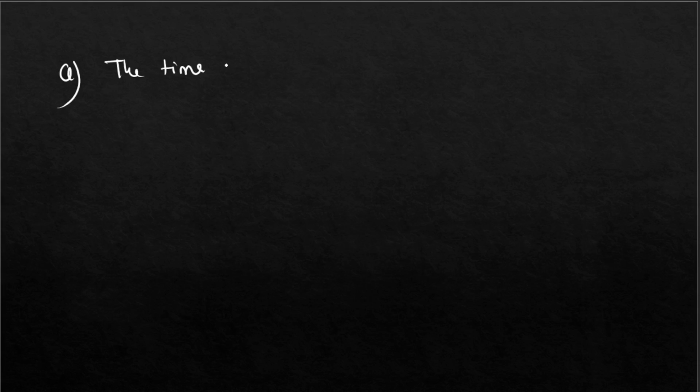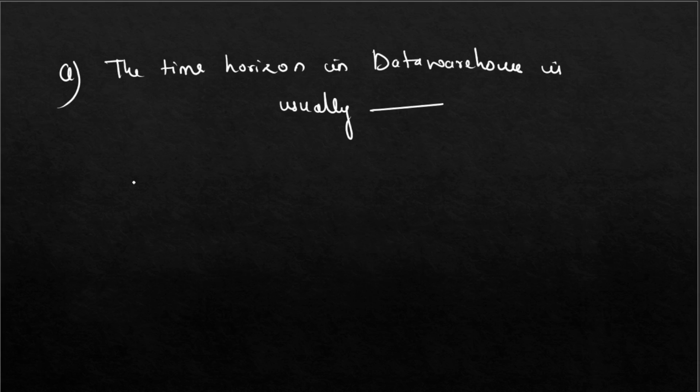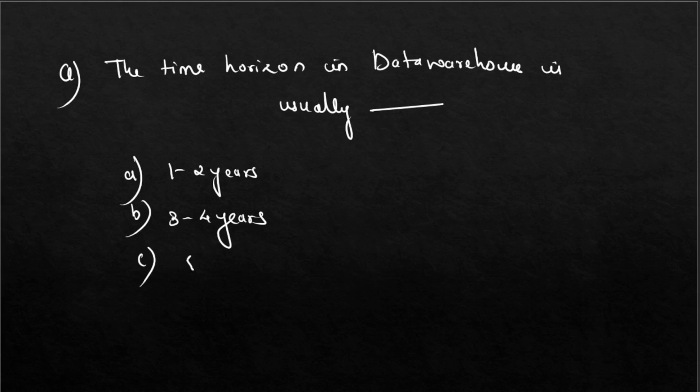The time horizon in data warehouse is usually dash. A is 1 to 2 years, B is 3 to 4 years, C is 5 to 6 years, and D is 5 to 10 years. Answer which is correct?